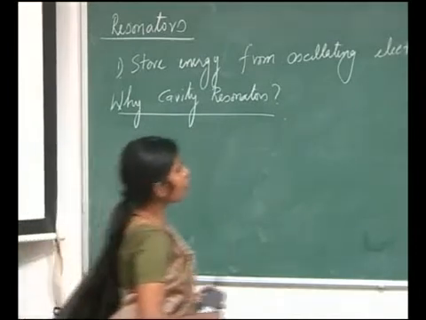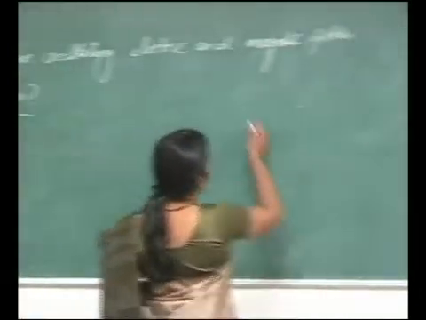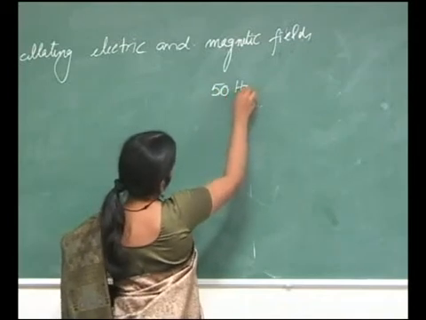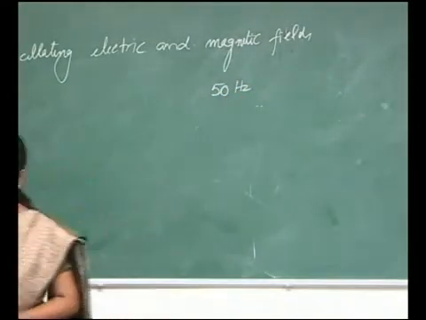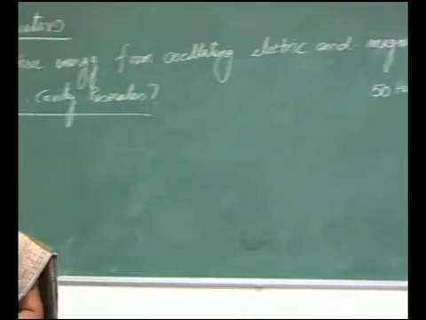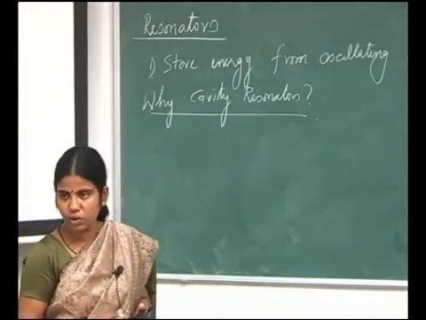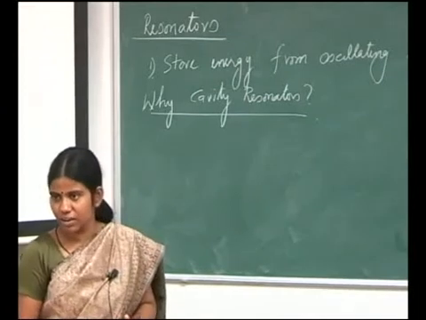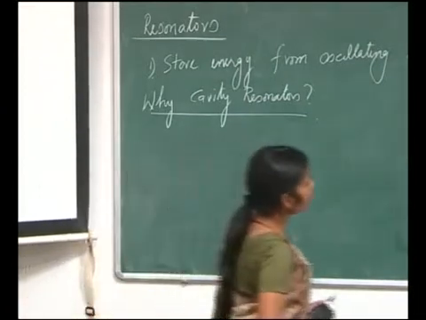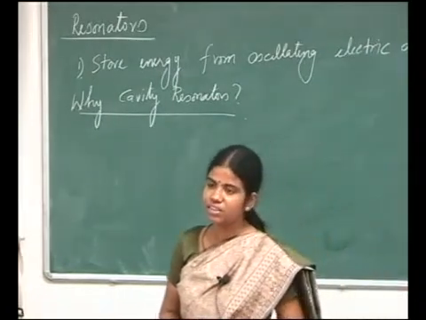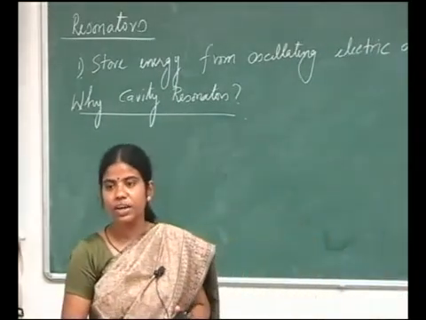So suppose I have a circuit at 50 hertz. 50 hertz is the normal AC cycle that we use in our house, in your university, everywhere. So if I have an electromagnetic wave at 50 hertz, then what would be the corresponding wavelength?